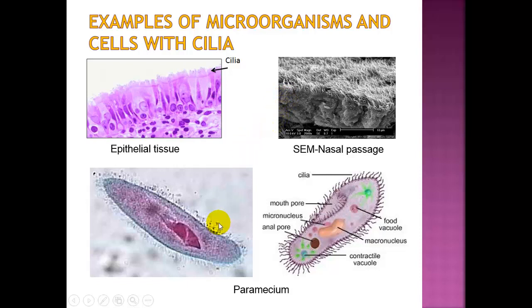Then a typical microorganism that has cilia is the paramecium. Shown at the bottom left is a light microscopy image, and here is a diagram of the same with details of the internal structures such as the fluid vacuole, the mouth pore, the macronucleus and the micronucleus, contractile vacuole, and the anal pore.